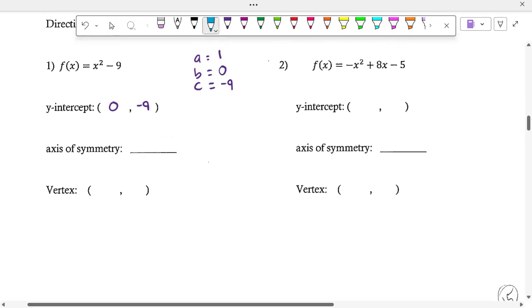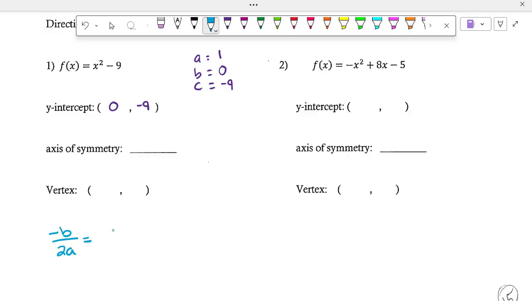Now, axis of symmetry, remember it's -b over 2a to get it. So I'm just going to put it straight into the formula. So -0, which is just 0, over 2 times 1. So that'll be 0 over 2, which is just what? 0. So how would I write my axis of symmetry? X equals 0.